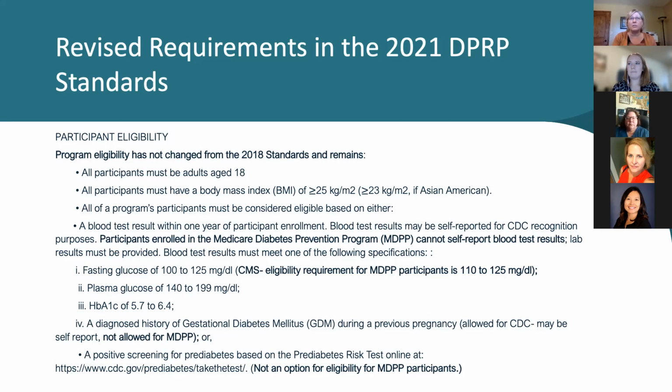And that CDC screening is not an option for Medicare participants. So we're probably pretty familiar with those slight differences, but just to reiterate, nothing has changed in the eligibility requirements between the 2018 and the 2021 standards.